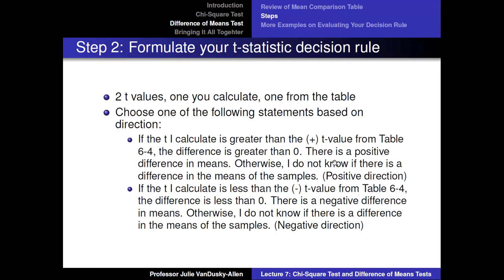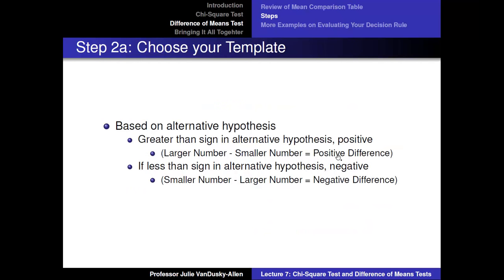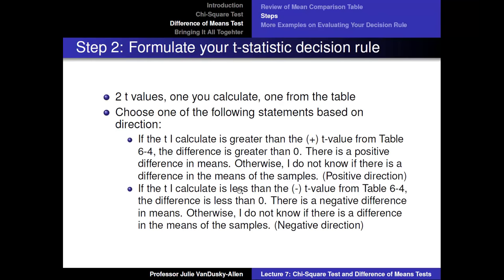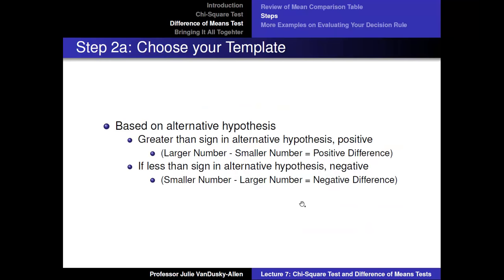In this case, you should pick the first statement, as you expect the t you calculate to be greater than the positive t-value. If the alternative hypothesis has a less than sign, the difference in means should be negative, because when you subtract a larger number from a smaller number, you get a negative number. In this case, you should pick the second statement, as you expect the t you calculate to be less than the negative t-value.